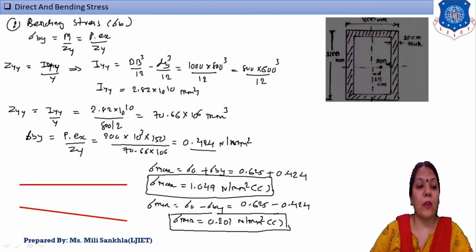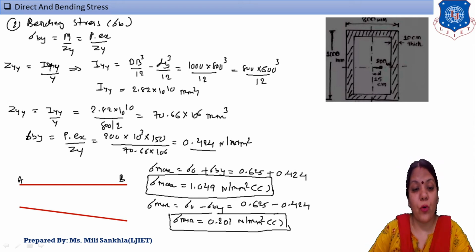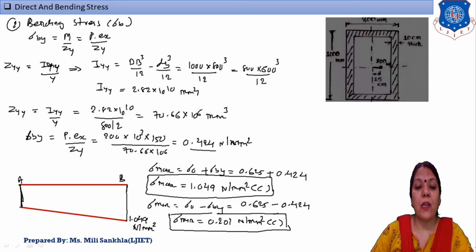Now we draw the stress distribution diagram. First of all, mark the points, this is point A, this is point B. Here eccentricity is given on the right side, and that is positive, so our maximum stress is also indicated on the right-hand side, that is 1.409 Newton per mm square, and minimum stress on the left-hand side, and this value is 0.201 Newton per mm square.